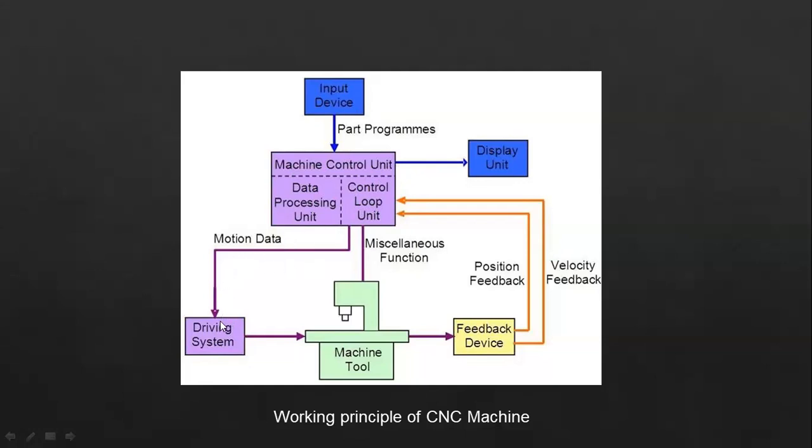It gives out the motion data to the driving system, which drives our machine tool. And there's a feedback device, which gives the different feedback for the machine control unit to know whether the motion data that was sent has been executed or not, and several different miscellaneous functions, and a display unit to display what the operations that are being performed, right?